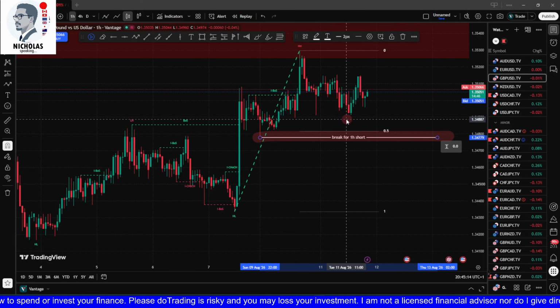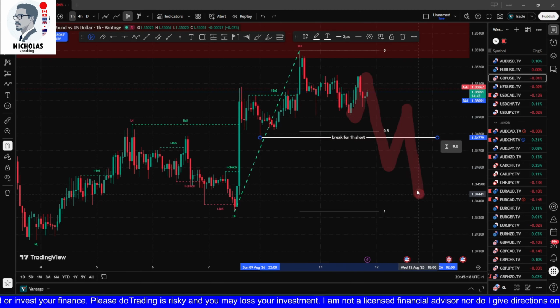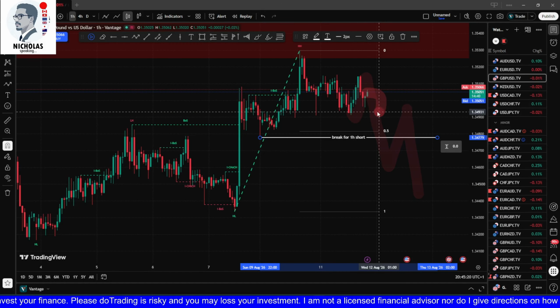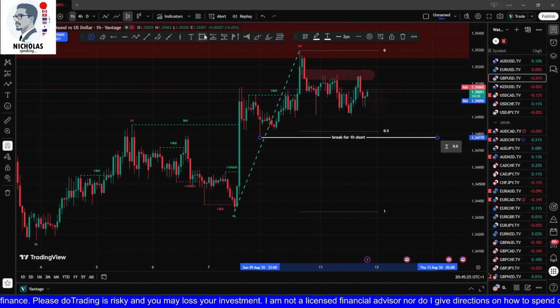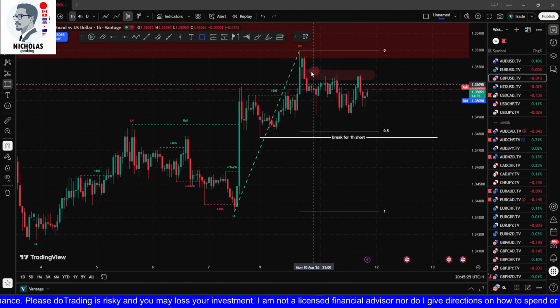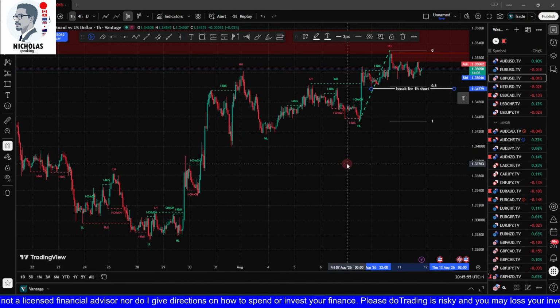If price should break below the 1.347 level, then it's going to be a good sell for me, especially if it leaves behind unmitigated order blocks. As you can see, the order block created here seems like it's still unmitigated. If the market should leave this order block unmitigated, it's going to be real good for me to want to sell from there. But it all depends on price breaking through this 1.347 level.